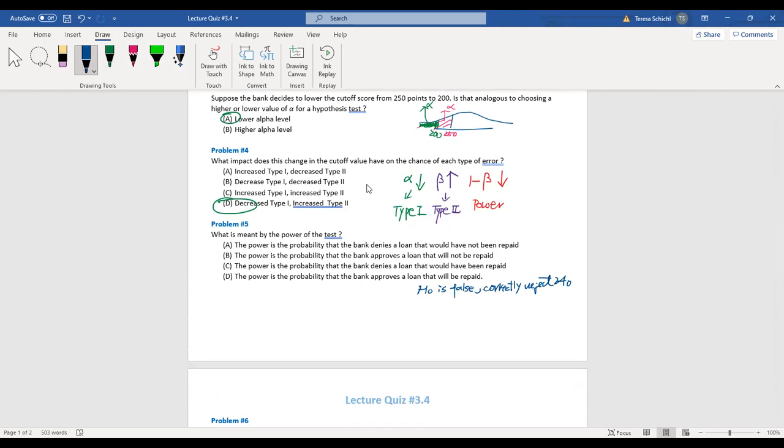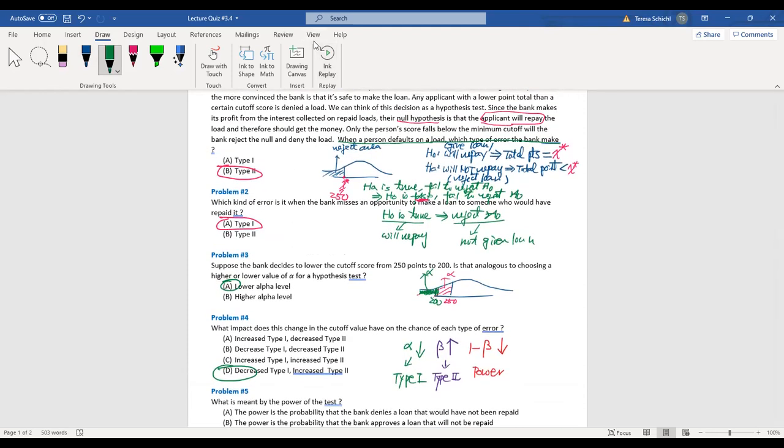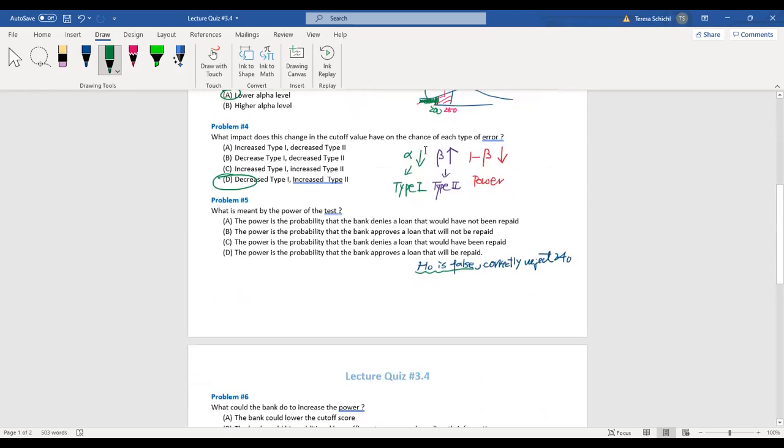So now let's translate that to wording. H0 is false. Remember, H0 is that they can repay. It's false, that means this person cannot repay.